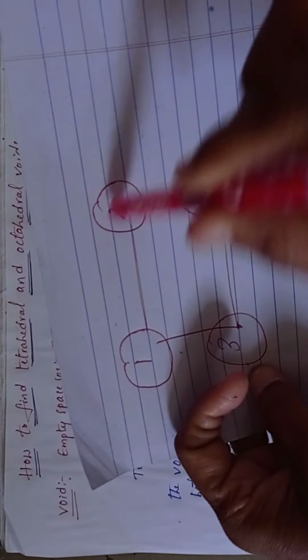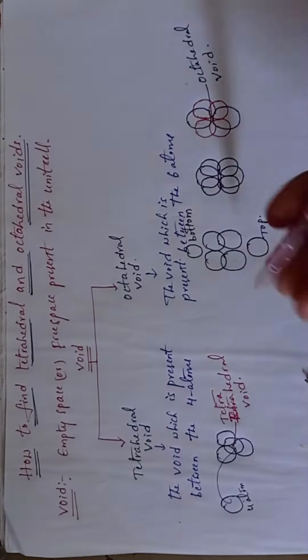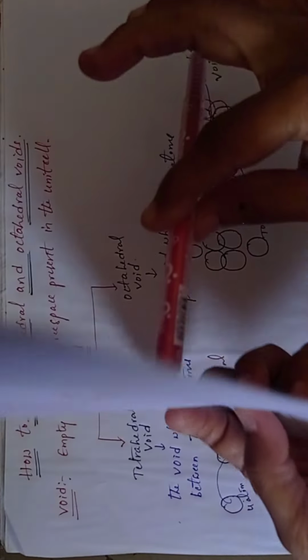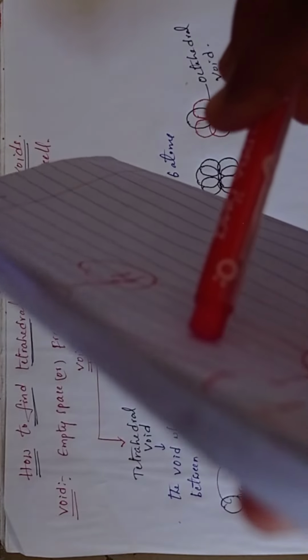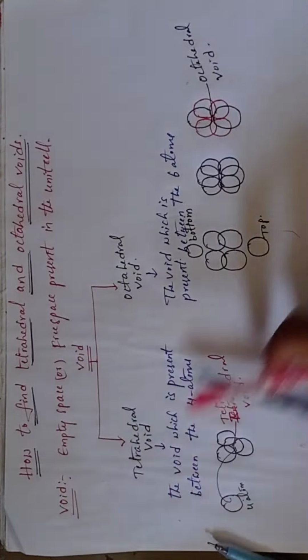These four spheres are in touch with one another, and the fifth sphere is present at the top of the four spheres, and the sixth sphere is present at the bottom of the four spheres, students, like this. So like this you have to take at the bottom of the four spheres. Clear? The fifth sphere is present at the top of the four spheres, and the sixth sphere is present at the bottom. Clear this one? Like this.